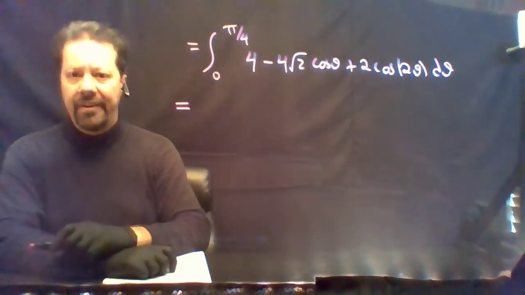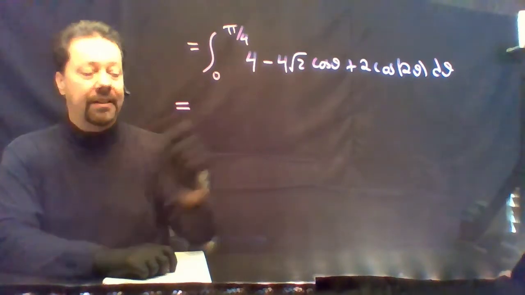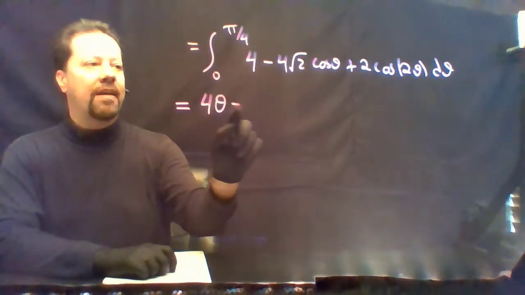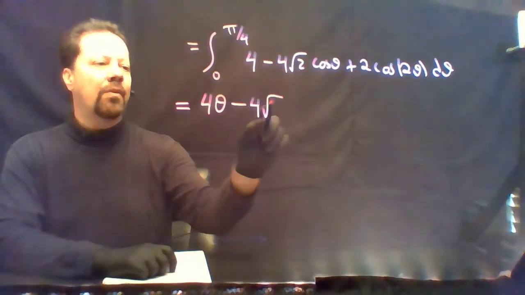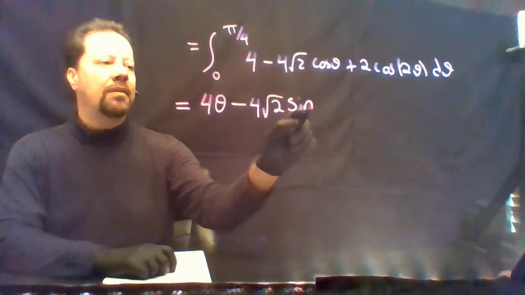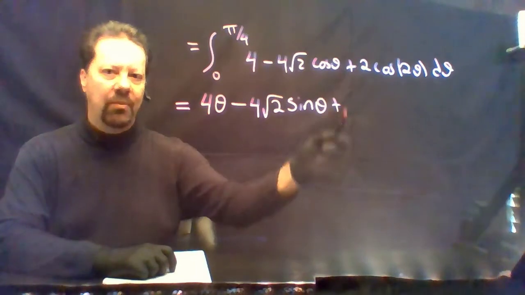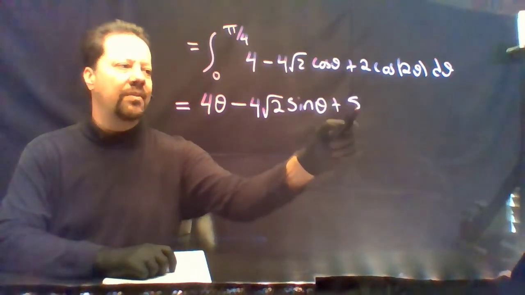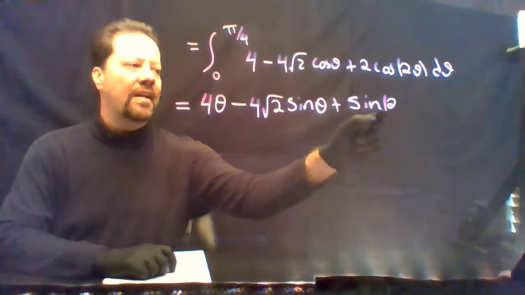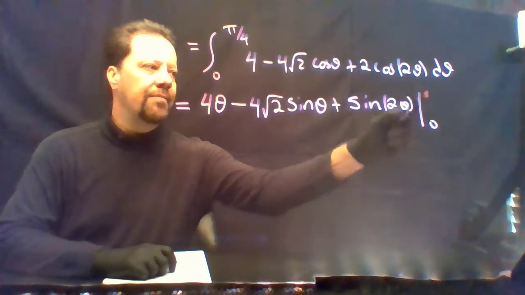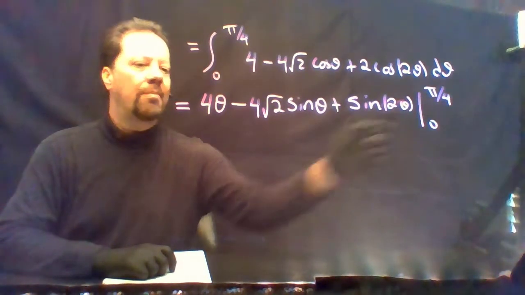Calculating the antiderivative, applying the fundamental theorem of calculus, we have 4 theta minus 4 root 2 sine theta. When we integrate cosine 2 theta, we get a 1/2, which will cancel the 2. We'll have sine of 2 theta evaluated from 0 to pi over 4.